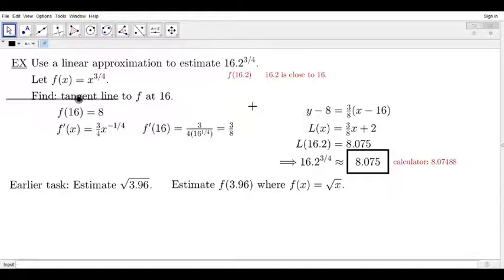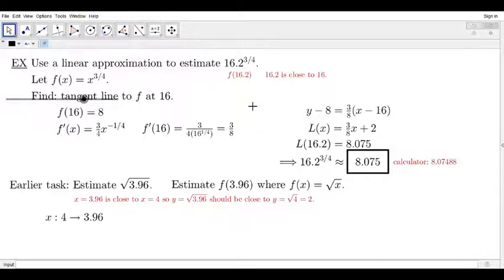Recall the earlier task of approximating the square root of 3.96, which is f of 3.96 if f is the square root function. 3.96 is close to 4. So the square root of 3.96 should be close to the square root of 4, which is 2.